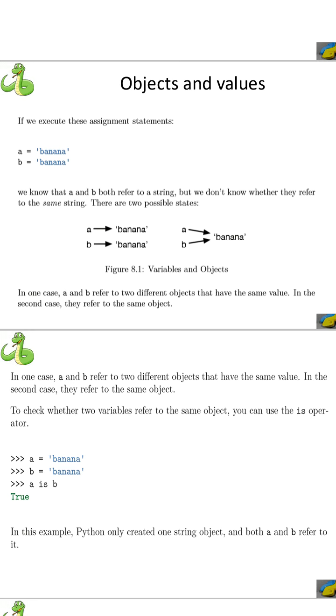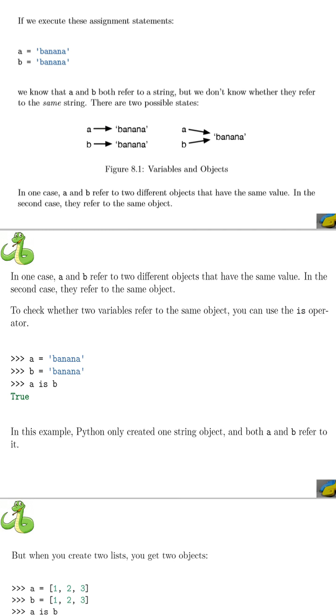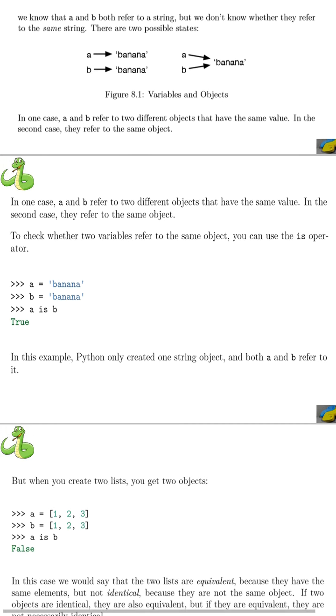Here we can say that both A and B refer to the same object, that is banana. Whereas in the first case, we can say that both A and B are referring to two different objects but that have the same value banana. In one case, A and B refer to two different objects that have the same value. In the second case, they refer to the same object.